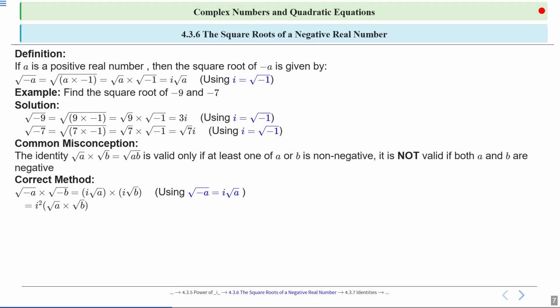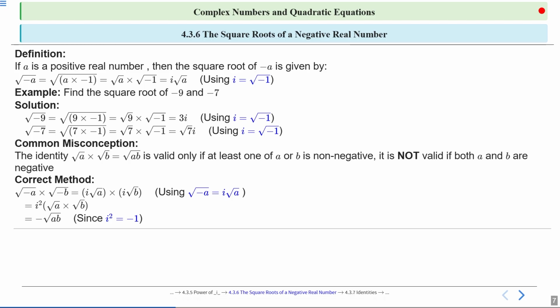Let's multiply. So iota times square root of a times iota times square root of b is equal to iota square times square root of a times square root of b. Since iota square equals minus 1, this is equal to minus square root of ab.